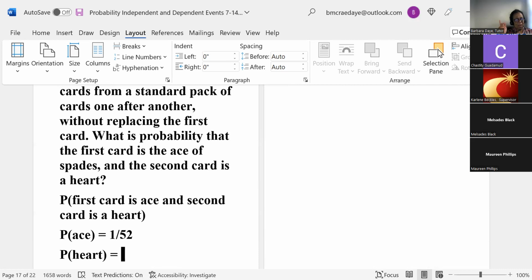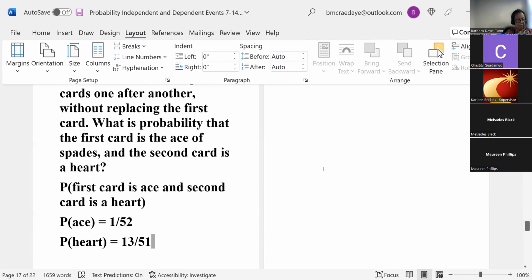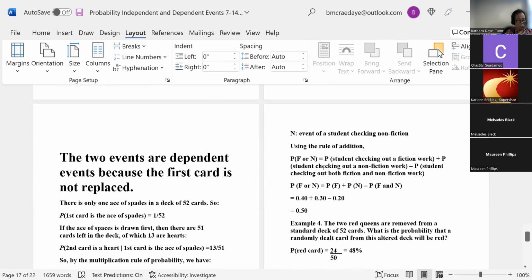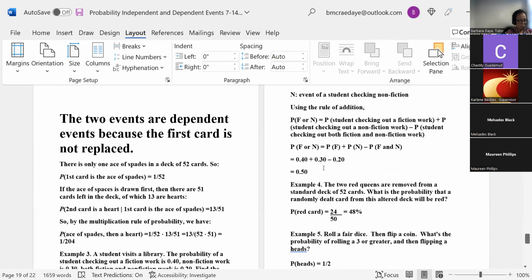But how many hearts are there in a deck of cards? 13. Yes, there are 13 hearts, 13 diamonds, 13 spades, 13 clubs. So that's going to be 13/51, right? Long time since I remembered what we call those suits, right?